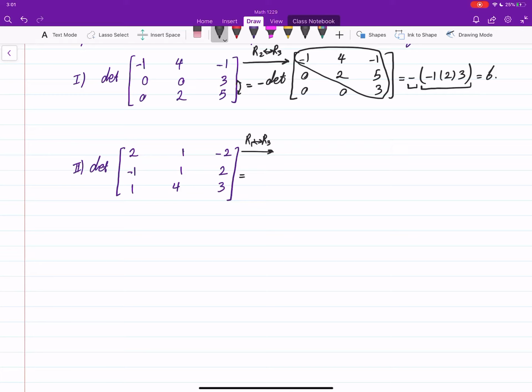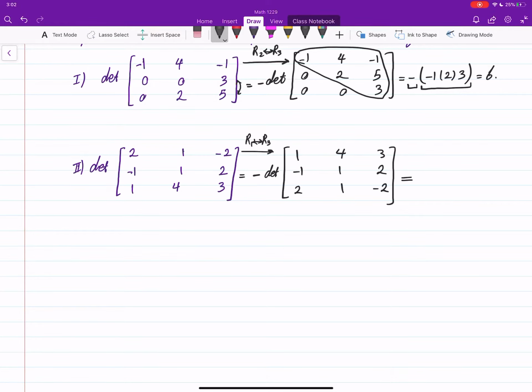Why? I like to have 1 up there. So this will be 1, 4, 3. And down there it will be 2, 1, negative 2, negative 1, 1, 2. And we know how determinant changes if you interchange 2 rows, you have to multiply determinant by a negative sign. Very nice.